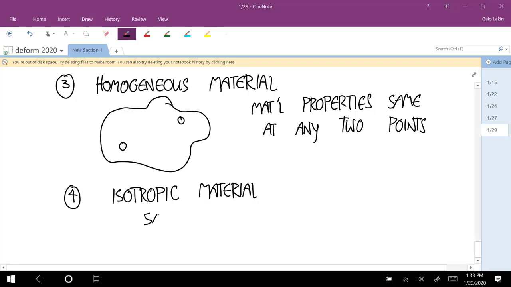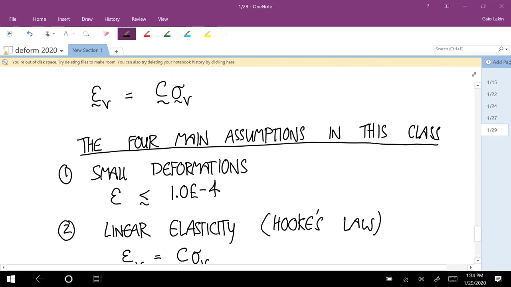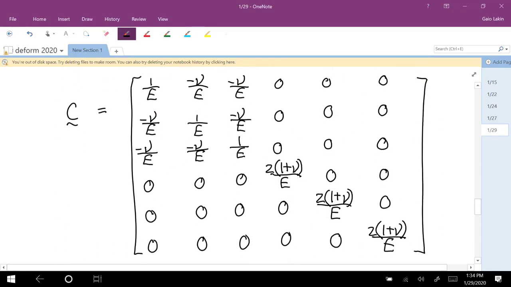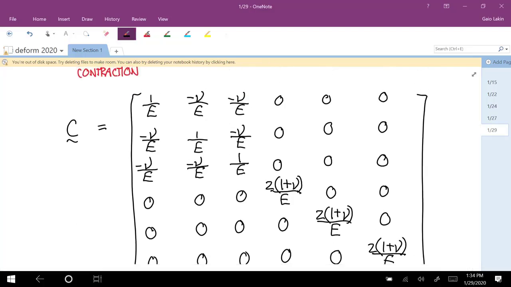So you have the same material properties in every direction. So if you go back to the compliance matrix that I defined, this compliance matrix is the form only for isotropic materials.